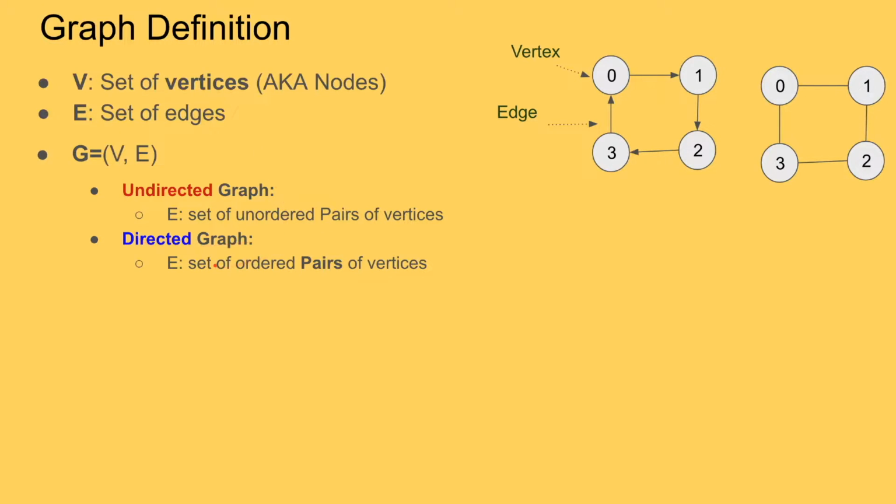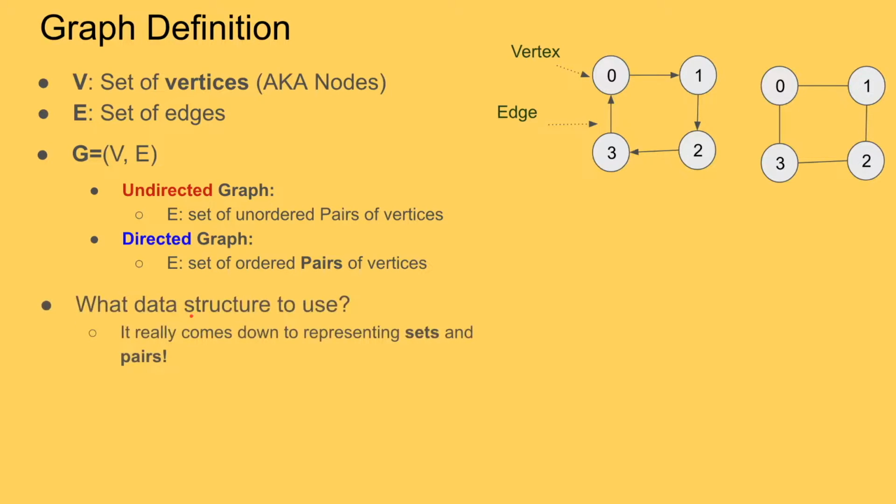Now, having this definition, how do we represent this in C++? The question comes down to how do we represent sets, meaning a collection of items, and pairs for representing edges. Here we see how we represent this graph in math, which is the set V of vertices 0, 1, 2, 3, and E is the set of edges between 0 and 1, 1 and 2, 2 and 3, and 3 and 4.